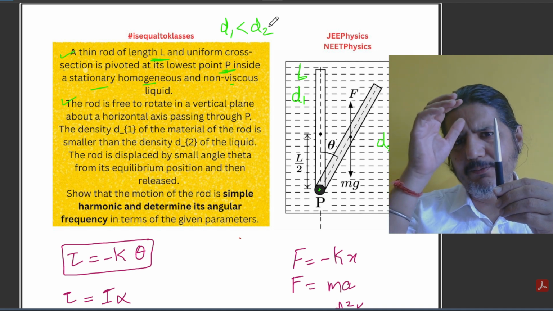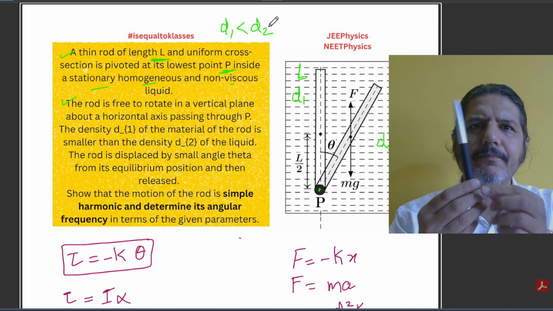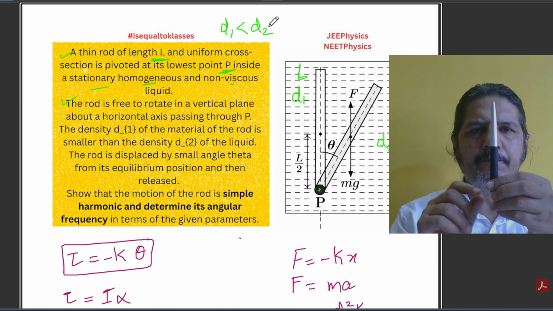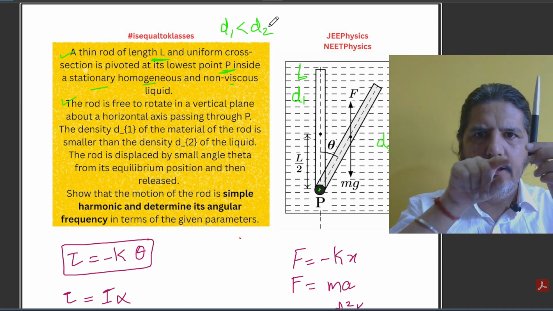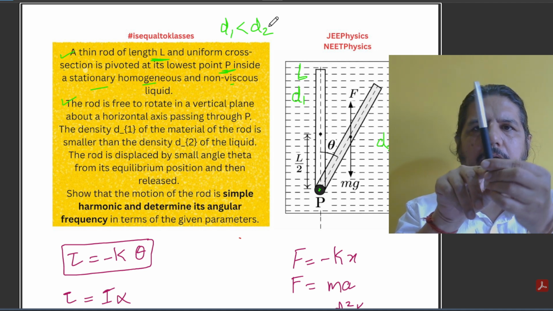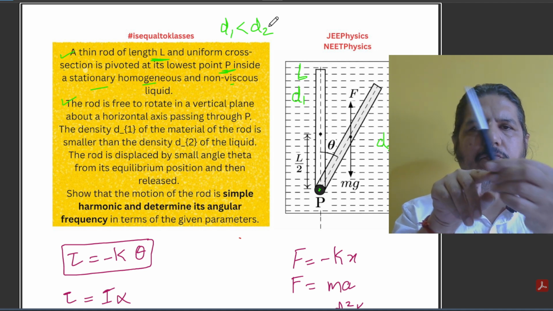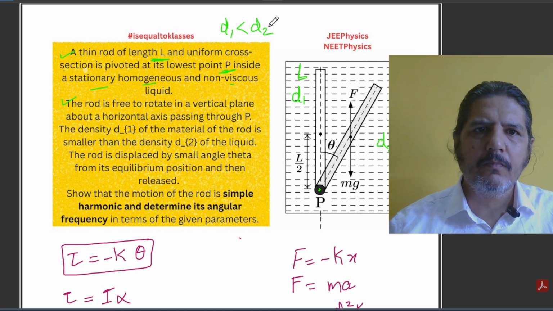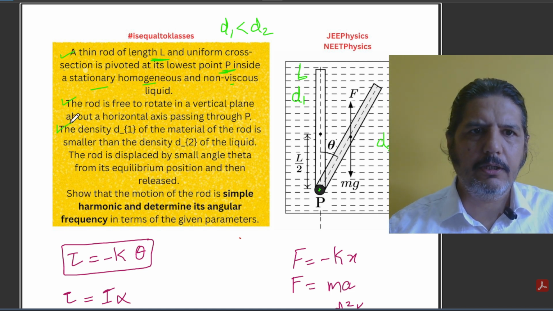So let us imagine that this is a wooden stick and this is in water. That's the simplest way I can put it. And let us assume that you have fixed the lower end, and this is how this rod can move, like the minute hand. Okay, so the third line is also okay.